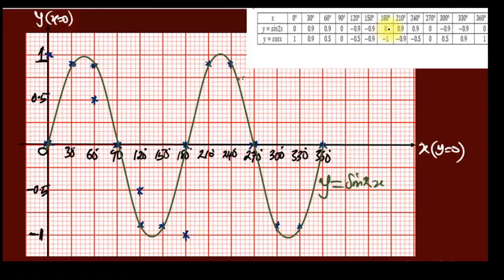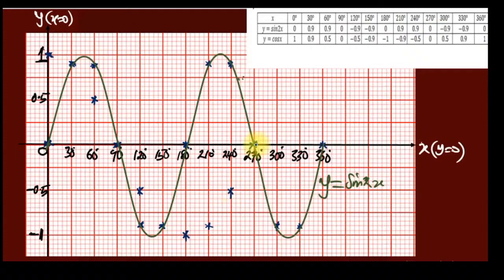When it is 210, we have minus 0.9. Remember, 0.9 is 18 down here, 5, 10, 15, 16, 17, 18. So that's for 210. When it is 240, minus 0.5, 240 minus 0.5 is here.